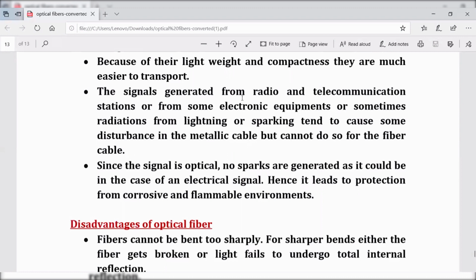So this is also a major advantage. This may cause some disturbance to the metallic cable, but cannot do anything for the fiber cable. So this is also one of the advantages.